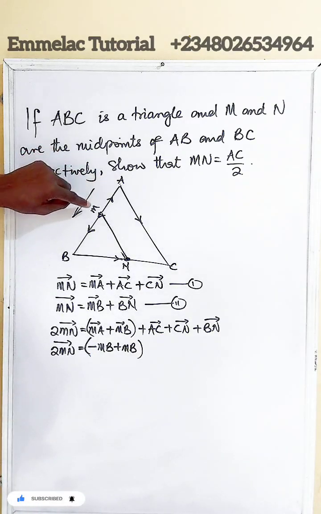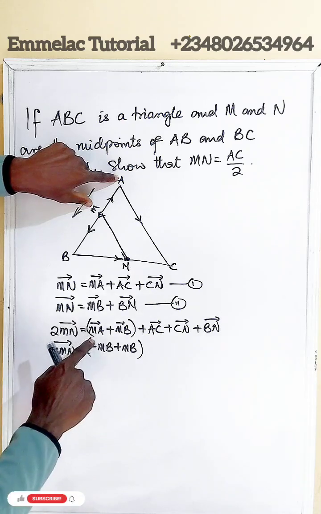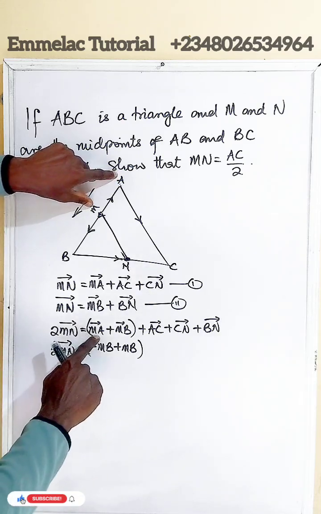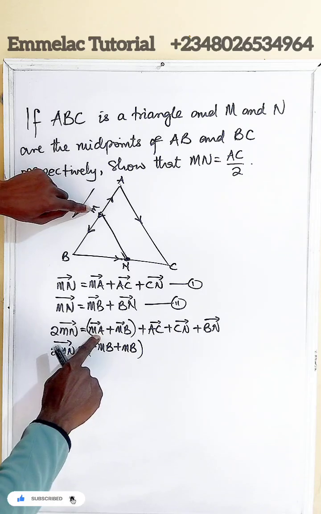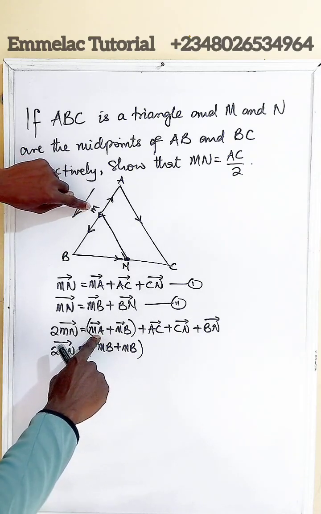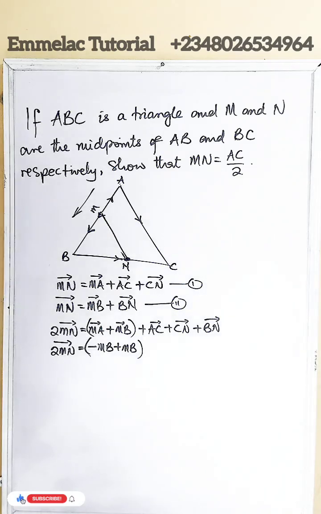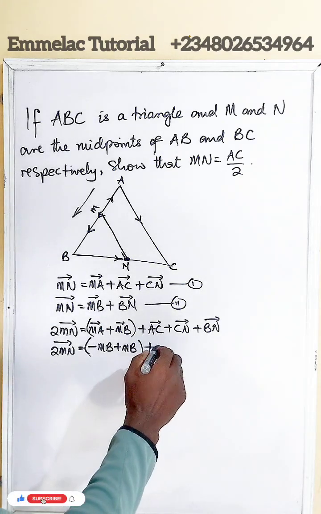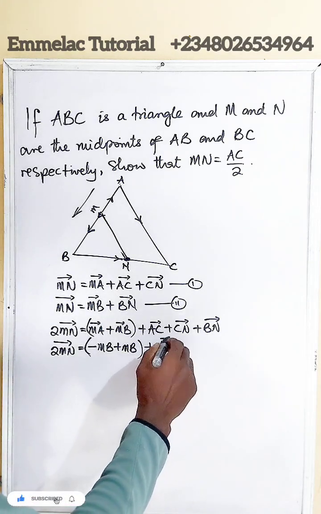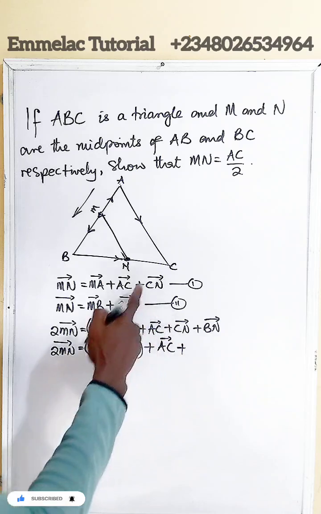That is, here you have your MB, right? So MA can be the same in magnitude but the opposite direction as MB, because M is the midpoint of AB, right? That's it. Then plus AC, then plus now CN.